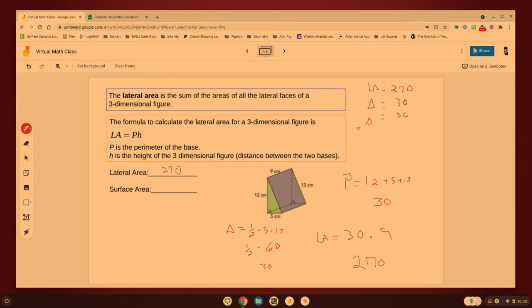If I add all of them up, I will get my total surface area, 330 square centimeters. So let's just amend our formula.